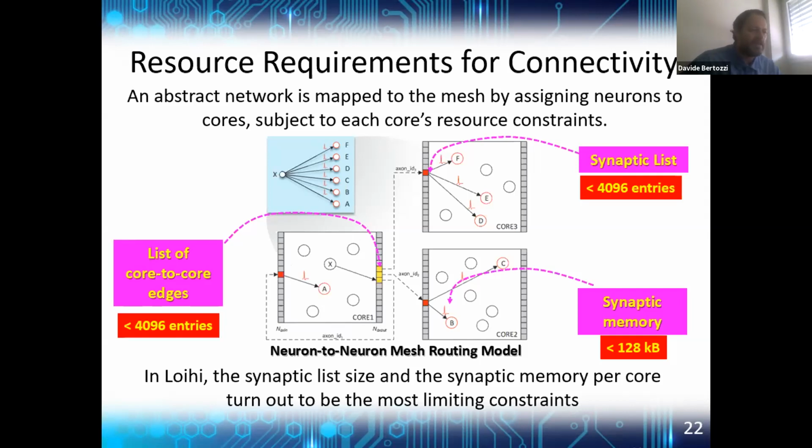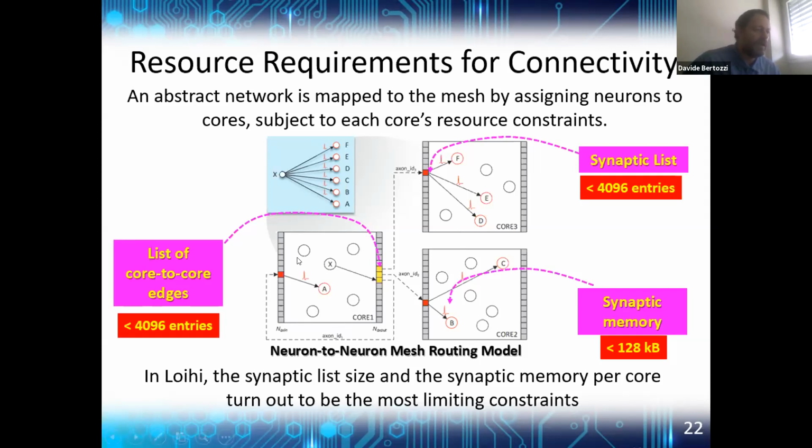The other constraints are essentially memory constraints. In fact, the total synaptic fan-in state mapping to any core, so this synaptic memory here on the right-hand side, must not exceed 128 kilobytes, subject to compression and list alignment considerations. Moreover, the total number of core-to-core fan-out edges here, the yellow boxes, must not exceed 4,096 entries.